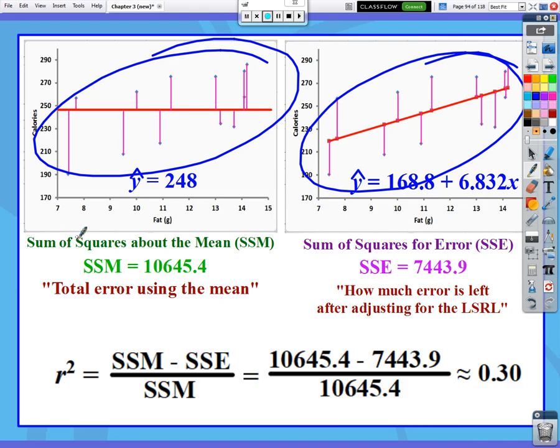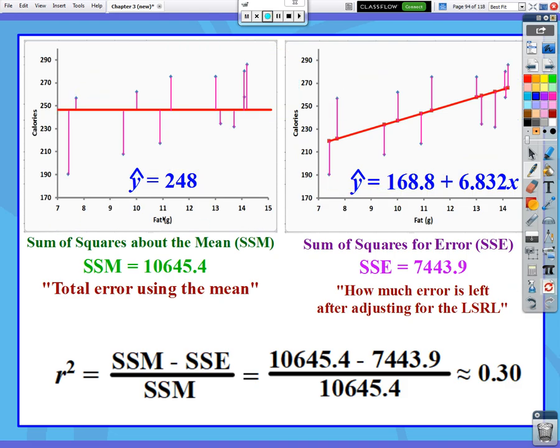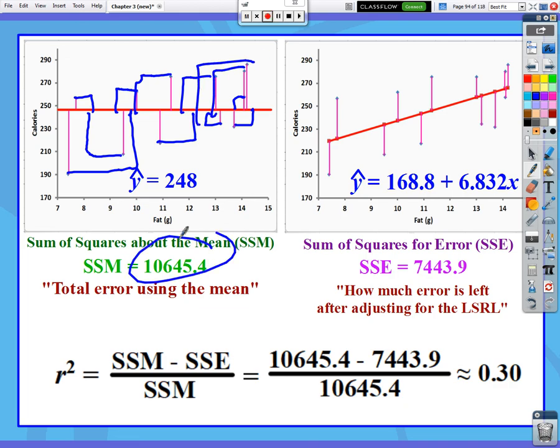And so you get these values called the sum of the squares about the mean. And what's the sum of the squares? What do we mean by that? Remember those squares we talked about in the last video? If we took all these squared residuals and we added them all together, then all of those squared residuals using the average comes up to be this much squared error.